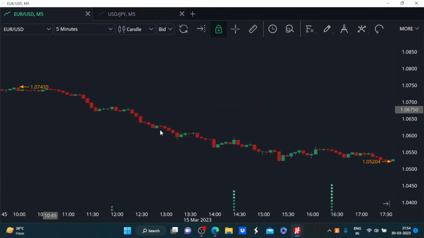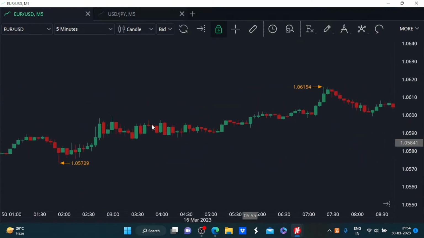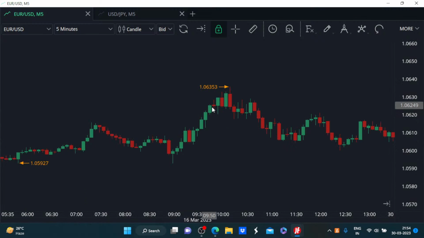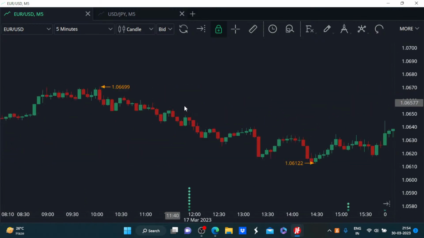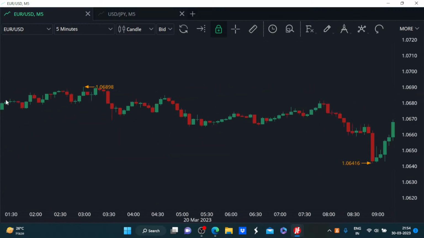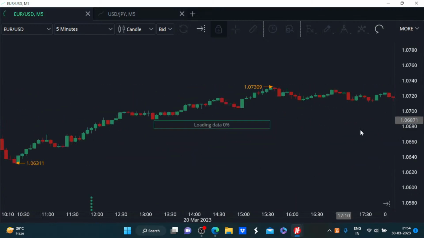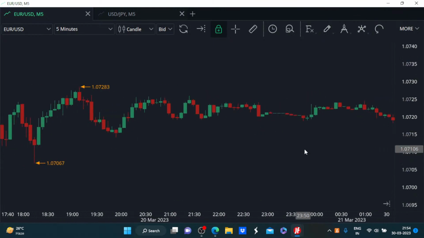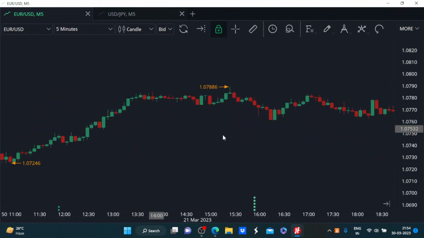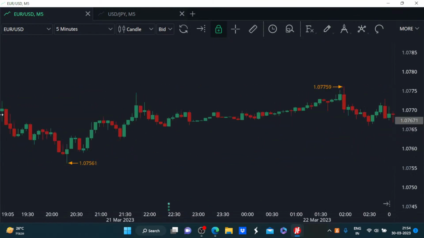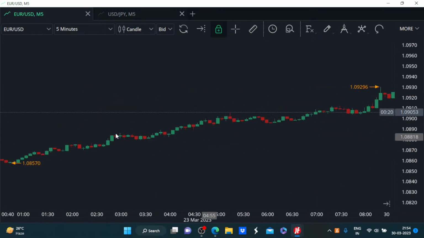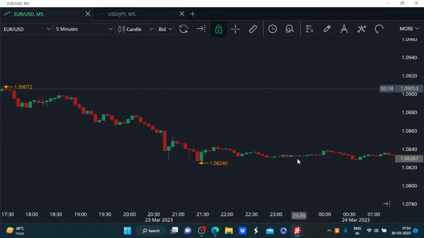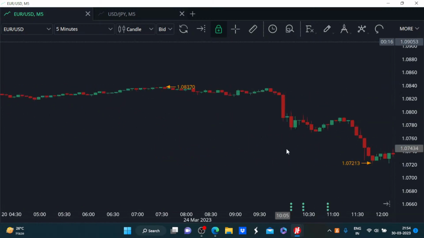So there is a formation which is going to work sometimes, and sometimes it is not going to work. So to figure out these trades, you will always need to keep in mind that the risk reward ratio has to be good. The risk has to be managed in a way that it shouldn't affect your equity too much.